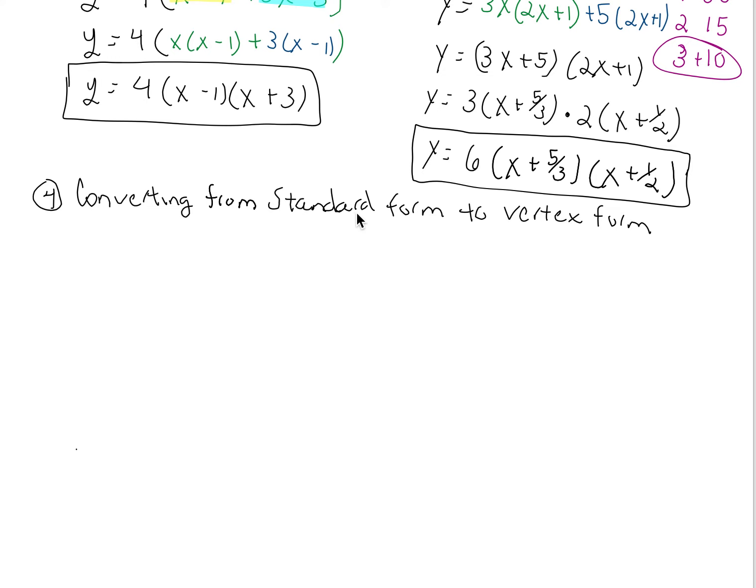So that's y equals ax squared plus bx plus c to vertex form, which is y equals a parentheses x minus h squared plus k. So the final answer needs to look in this form.